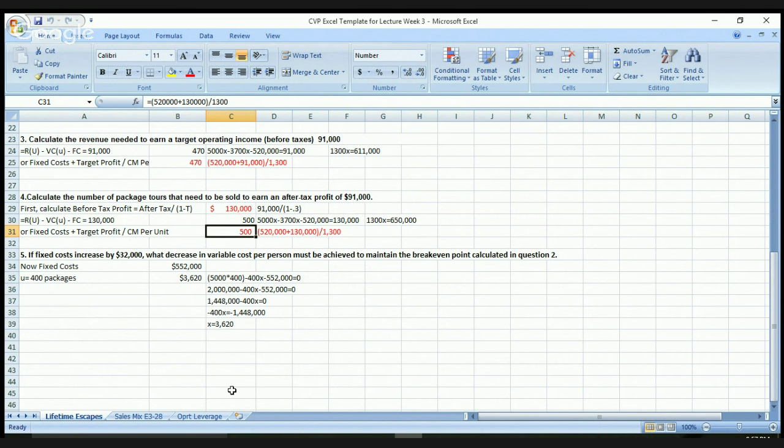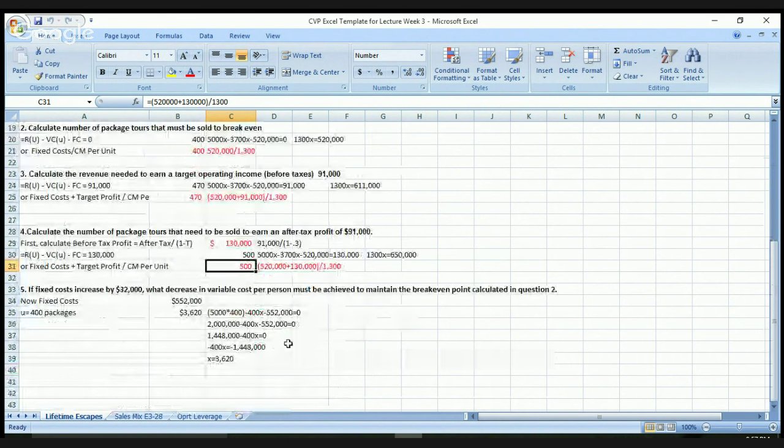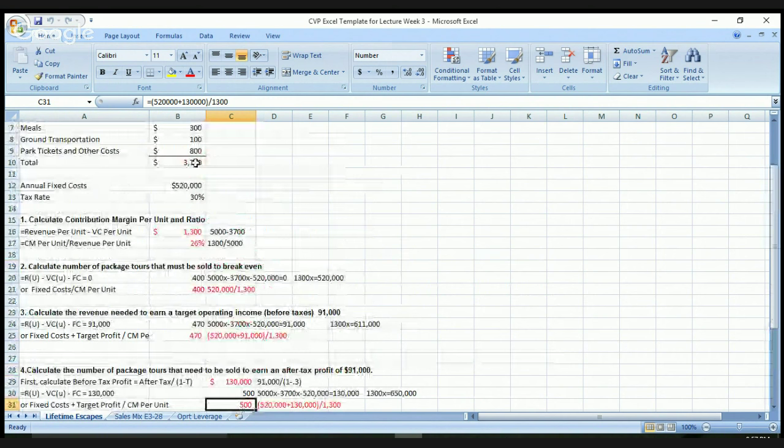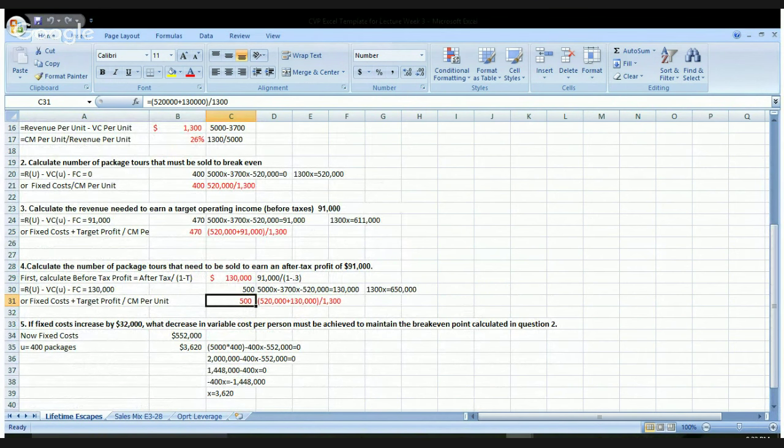So in order for my number of break-even units to stay the same at 400, I need to reduce my variable costs down to 3,620. Okay. Again, if you have any questions about this, please do not hesitate to email and ask those questions.